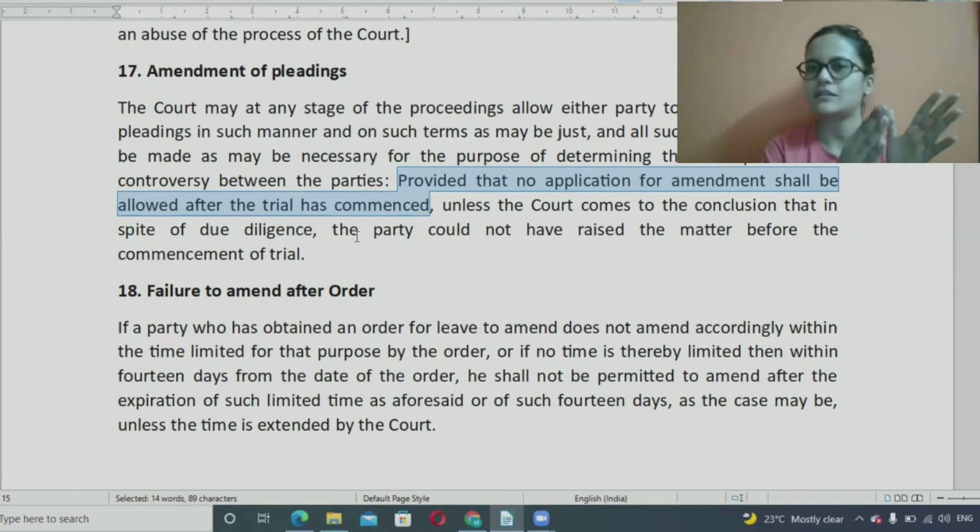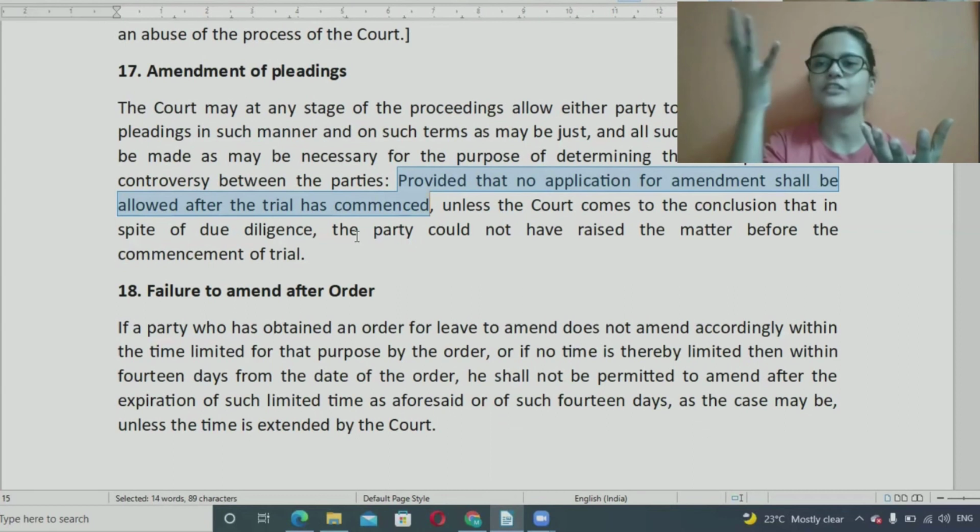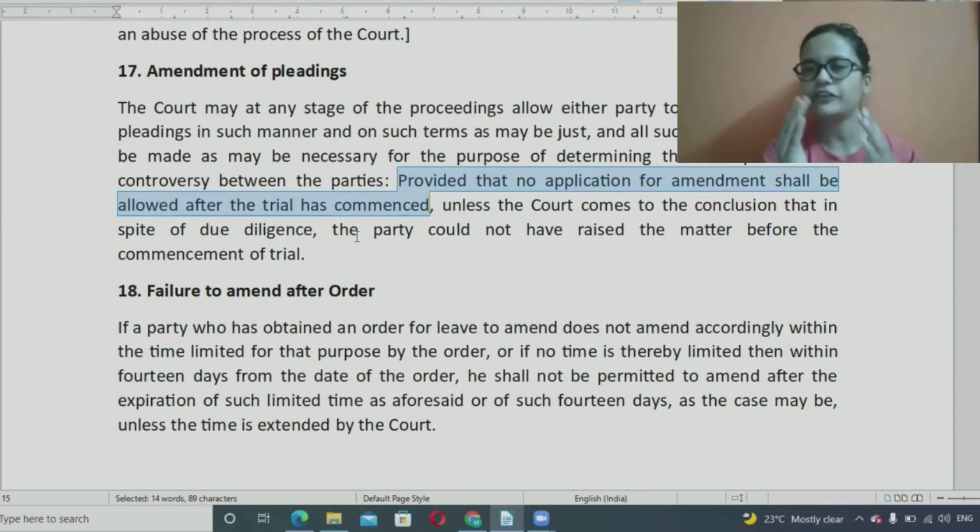You are simply asking for specific performance, but you can also ask for damages or compensation. That also will be provided to you. Or might be you have asked for this much compensation, you should actually ask for this much. So whenever the court is of the opinion that it makes sense to allow the party to make these changes, the court can allow that as well. This is clear, right? Yeah.